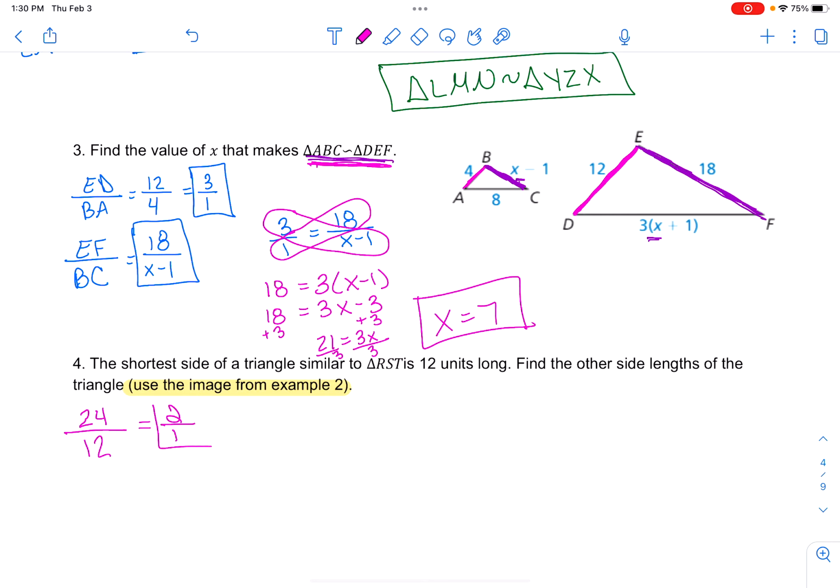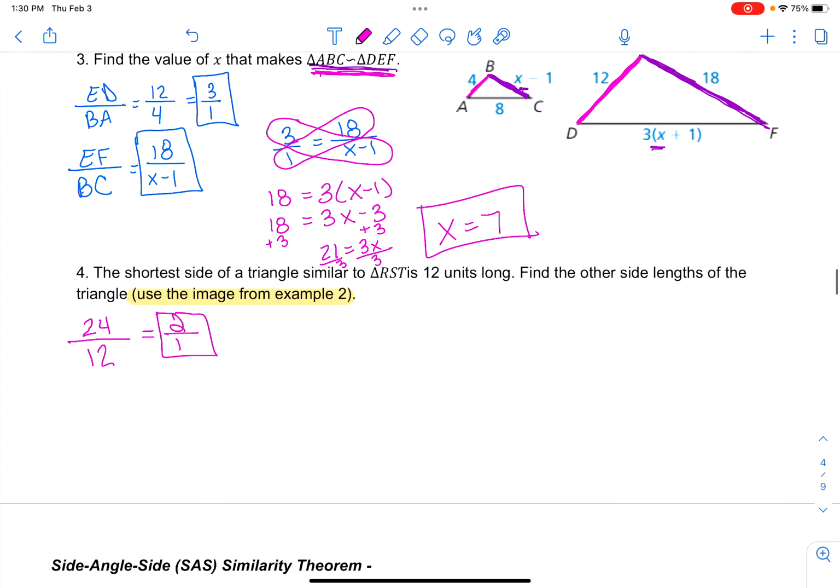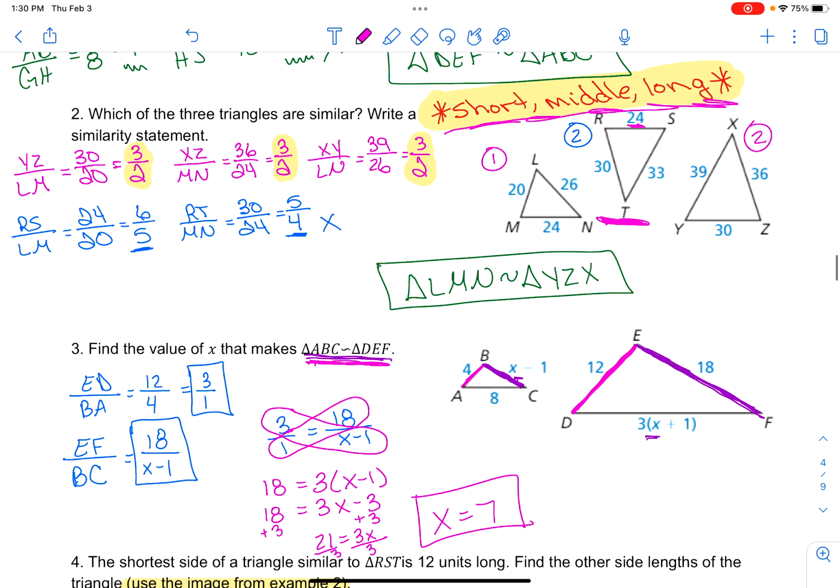So this is the proportion that everything has to match up to. So we need to find the middle length, that middle side length, the middle longest, I guess we'll say. And we need to find the longest side. So we are using this RST triangle to find those lengths.